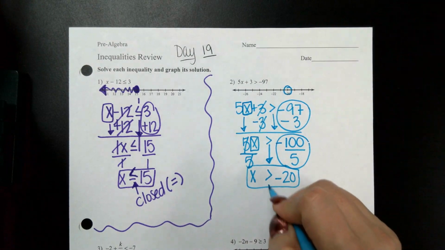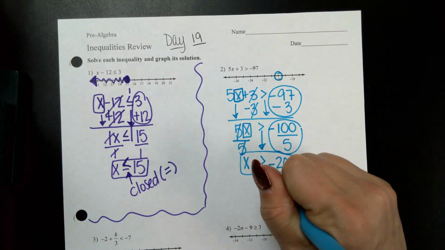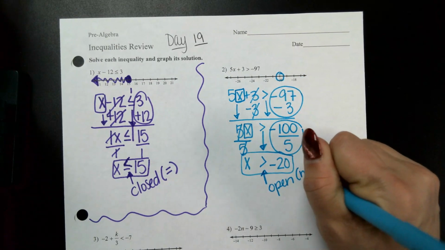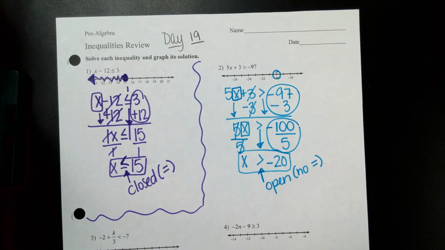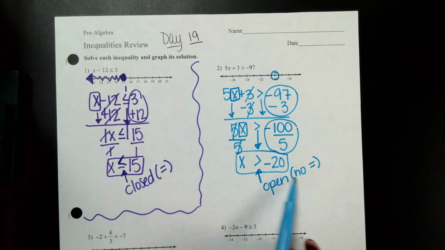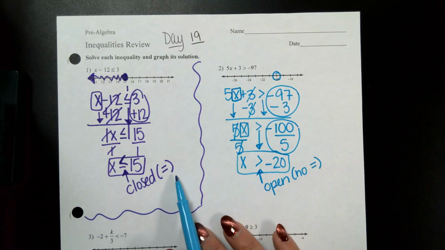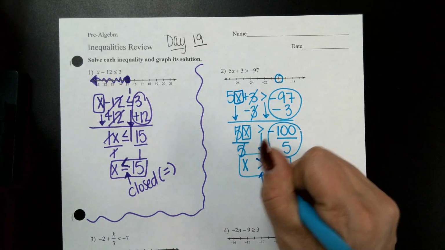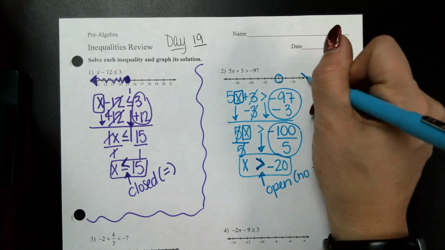Okay, this does not have an equal sign, so it's open. If you are still confused on that, you might want to write those little notes on there: open because there's no equal sign, closed because there was an equal sign. And this symbol is greater than, but if you didn't know that, it matches this arrow.